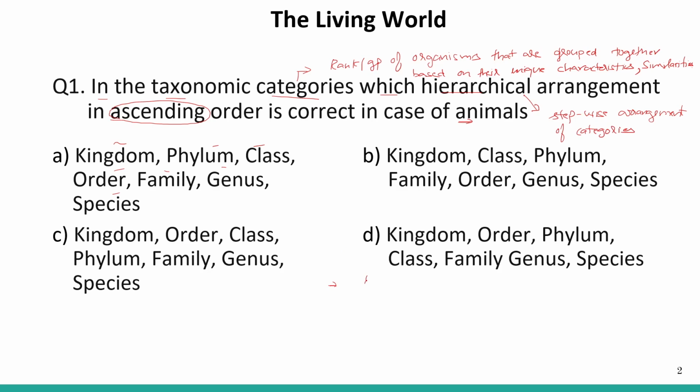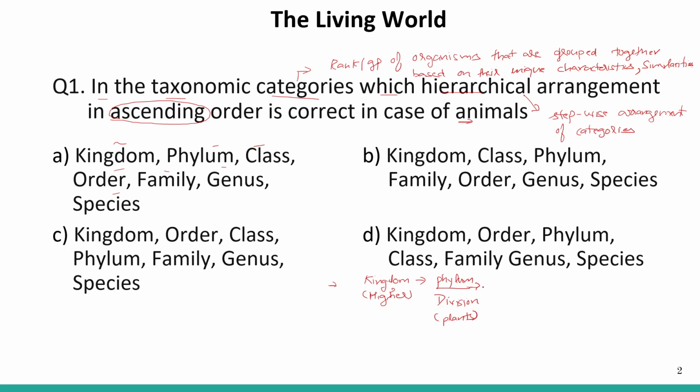So the highest taxon is the kingdom. This is the highest taxonomic category. After kingdom, what we have? We have phylum, or you can say division in case of plants, and phylum in case of animals.